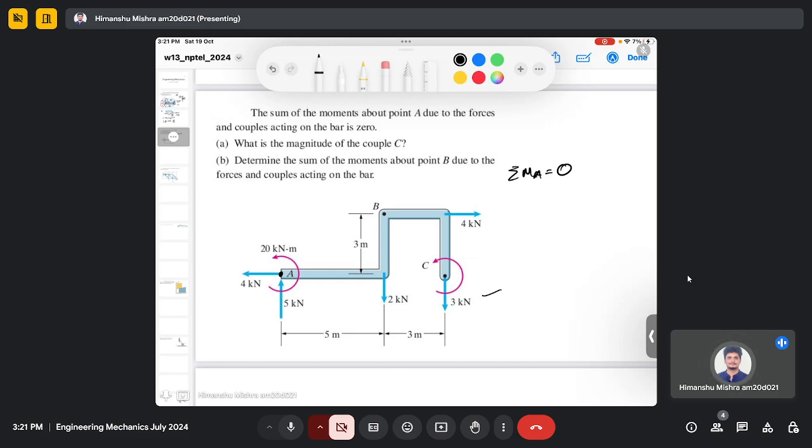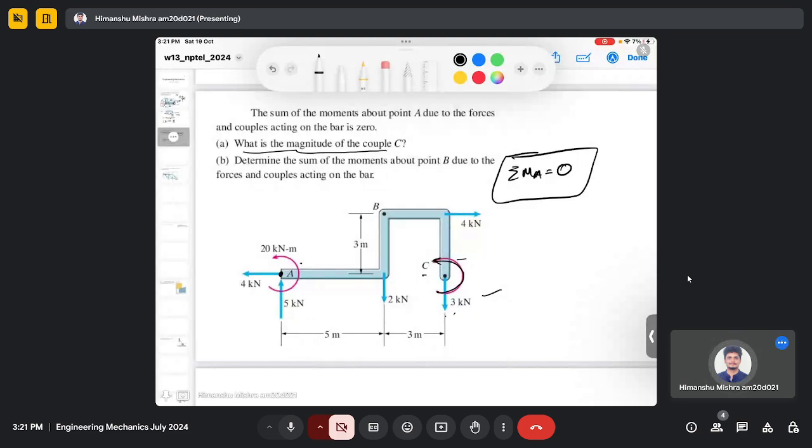And using the condition, we need to find the magnitude of the couple C. So this couple is acting here, which is denoted by C, and we need to find the magnitude of this couple.